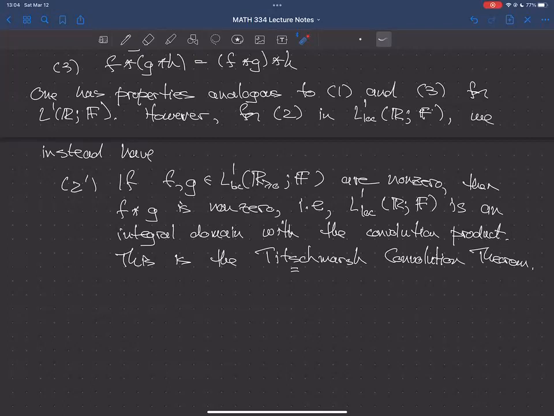This is one of those, and some people put in some time every now and then to see if they can produce an easier proof of the Titchmarsh convolution theorem. And there are more and more digestible proofs, but I wouldn't say any of them are easy.